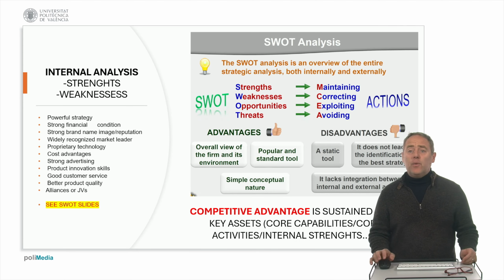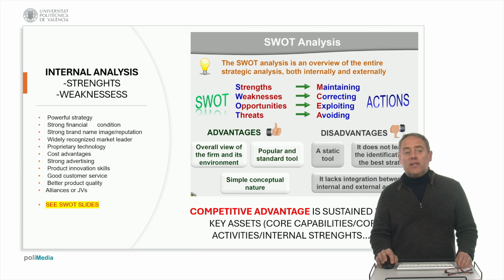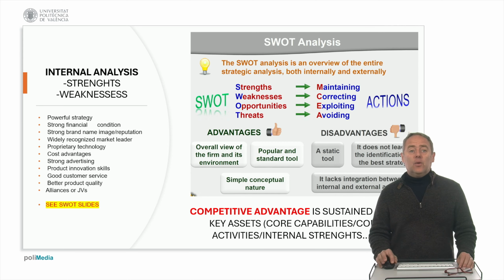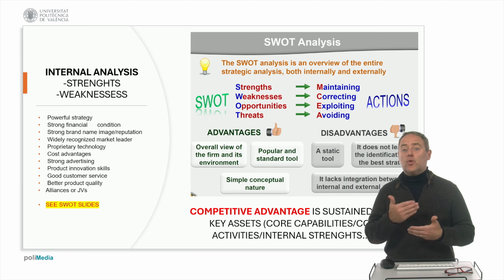Finally, you can see that if we use the SWOT analysis, we are going to get the same. In these strengths, you can see having a strong financial condition or financial capability, cost advantages or being productive, good customer service, alliances, innovation, all this is exactly the same idea of strengths.